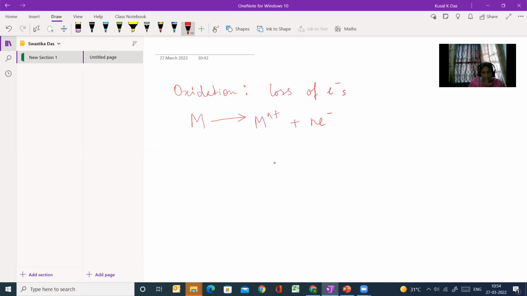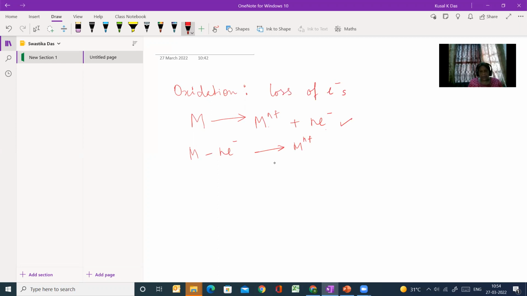Or you can write it like this: metal is losing the electrons to get converted into metal ions. In these two ways you can write the oxidation reaction, but I will use this reaction, that is, metal is getting converted into metal ions and electrons are liberated.